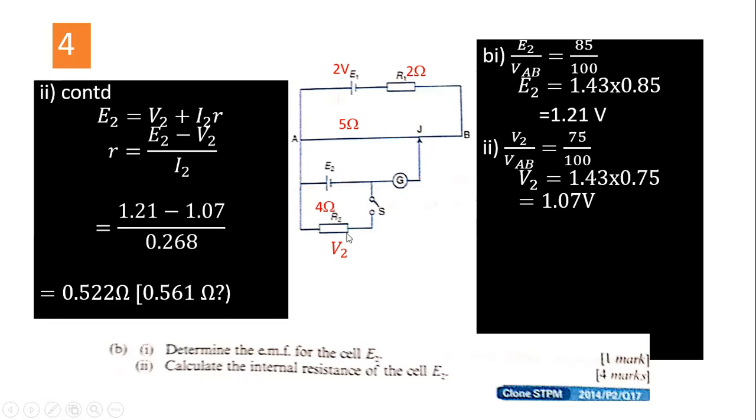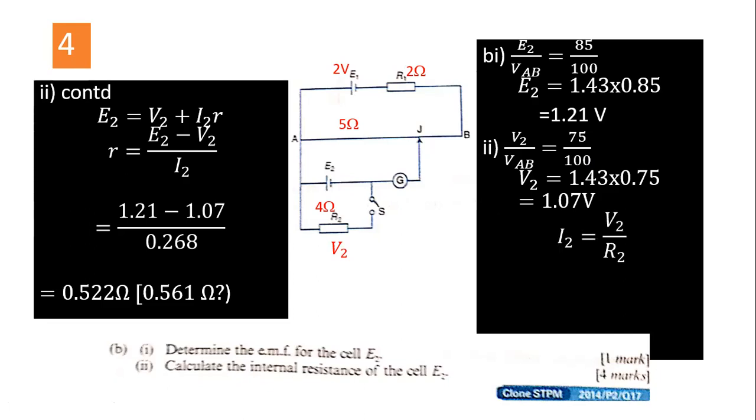V2, that's your V2. When you close the switch there, V2 over your VAB. Right, not across here. You have to find VAB, that's what we are doing. It is 75 over 100. And take this VAB across there. So it's 75 over 100. Right, and your, let me see, have I done something wrong here?